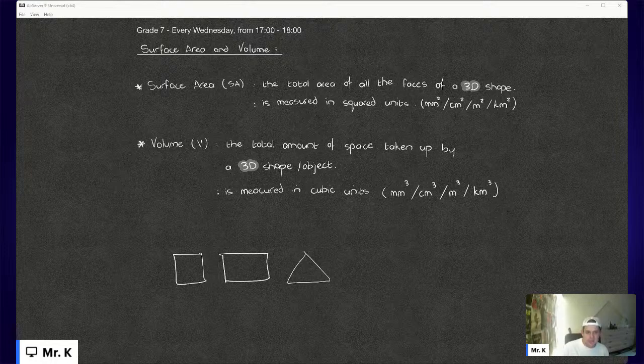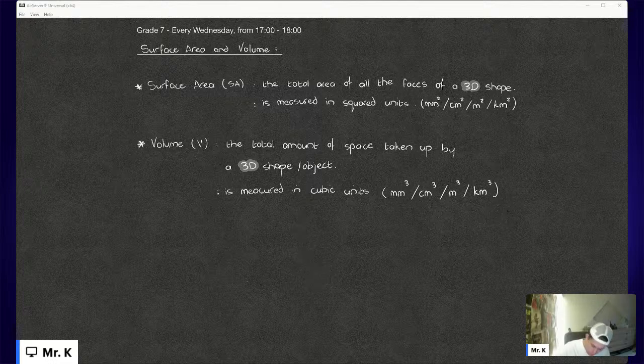With that being said, when we want to discuss the concept of volume, volume comes from multiplying 3 dimensions together, right? But we want to know the formula that we can use to find the volume of 3 different kinds of shapes. Now, we can't work with just plain old 2D shapes.